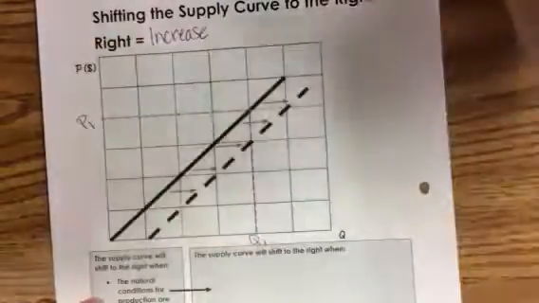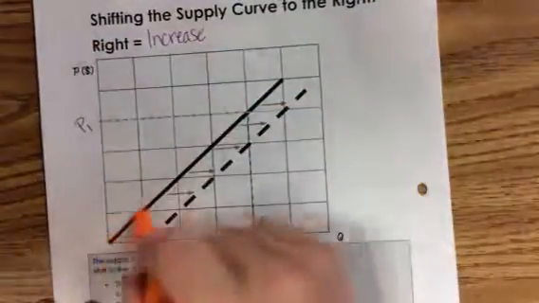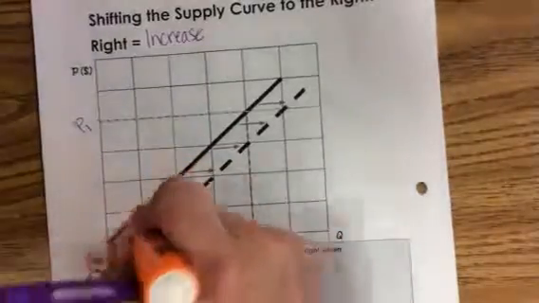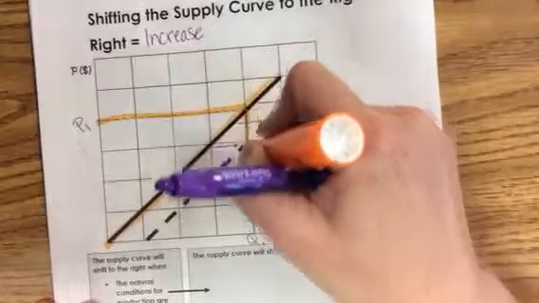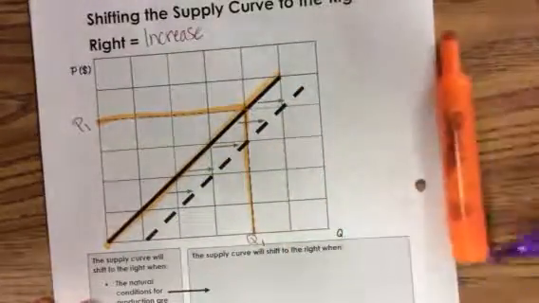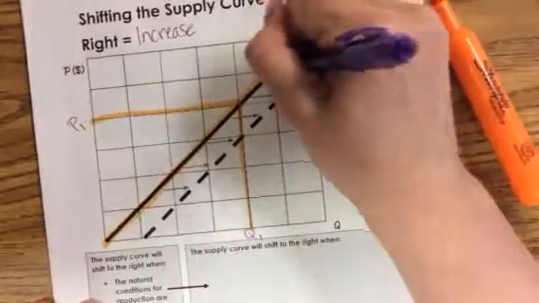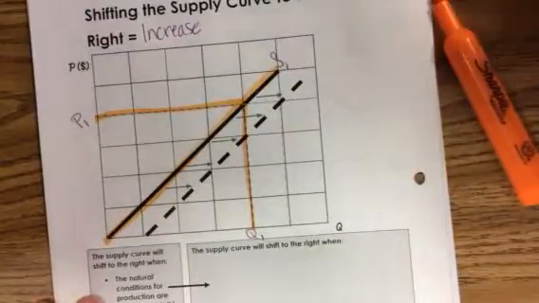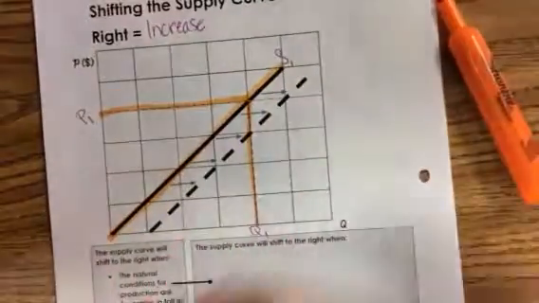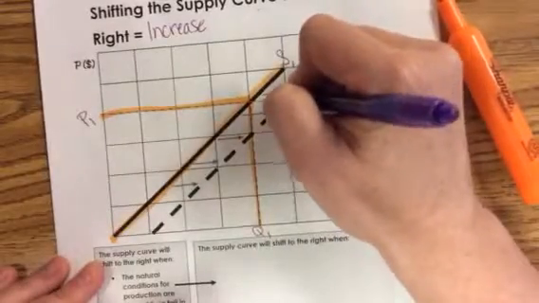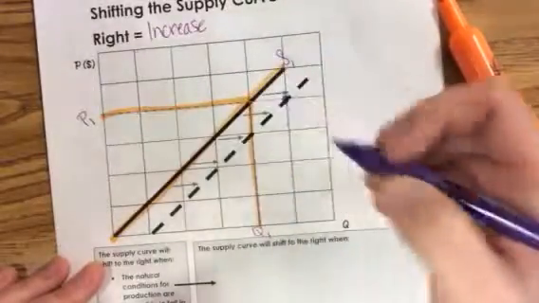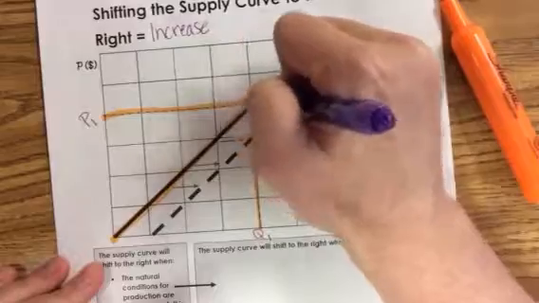So here's your initial curve right here. I'm going to highlight it in orange so you can see it a little bit better. That's your initial curve. This is your initial point on that initial curve, the Q1, Q2. I also like to label mine S1. So then you have an increase in your quantity supplied. This is your new point. So we're going to shift to the right. Here's your new point.